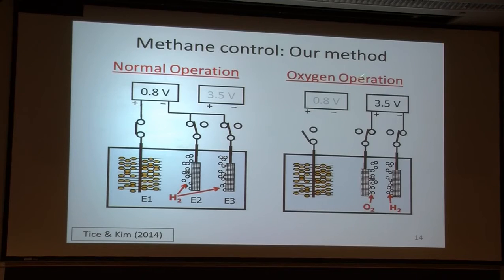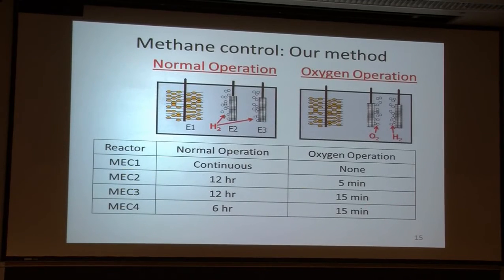And during oxygen operation, the bioanode is disconnected from the circuit, and electrode 2 is connected to the positive end of another power supply that is set at 3.5 volts, and electrode 3 is connected to the negative end, so that we can produce oxygen at electrode 2. And we built 4 different MECs.